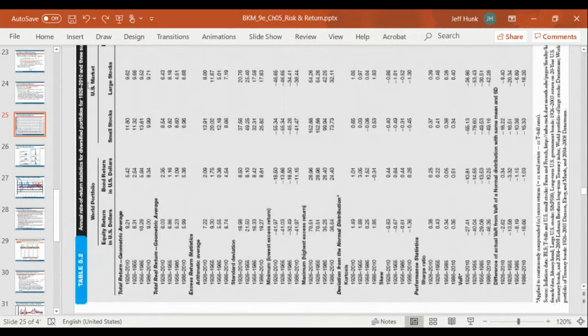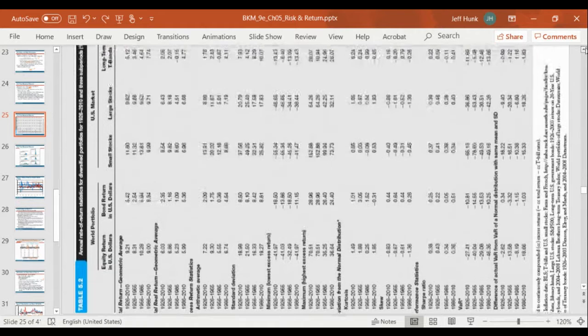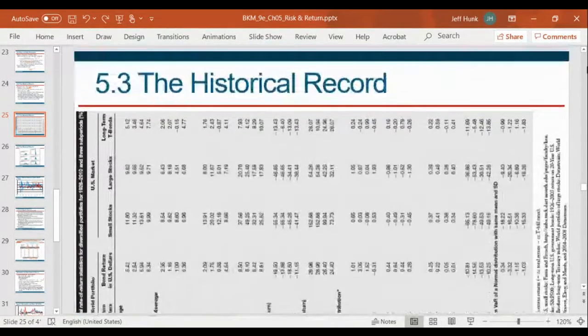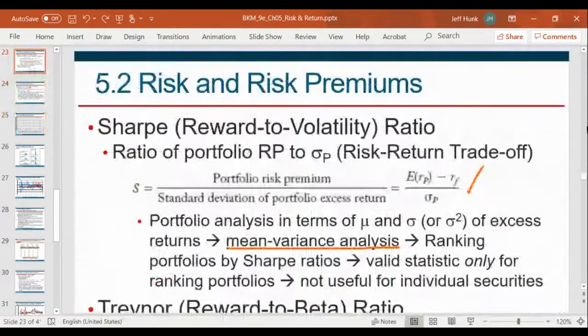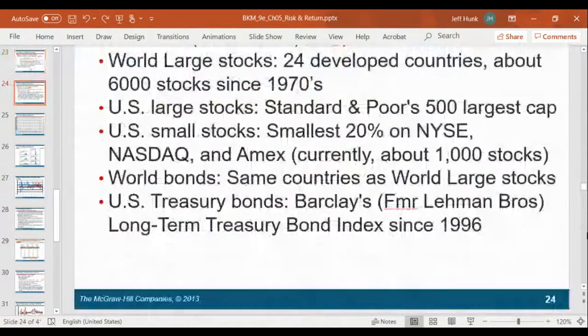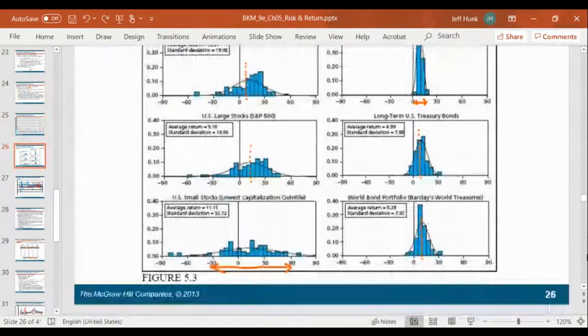And then the U.S. market, and then they did small cap, large cap, and then long-term bonds, right? Did we talk about that last time? What was the average? I didn't talk about that. The average Sharpe ratio, like historical.